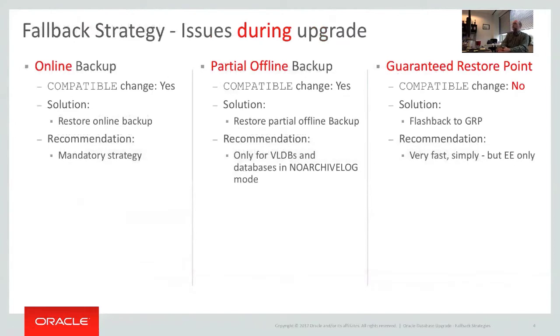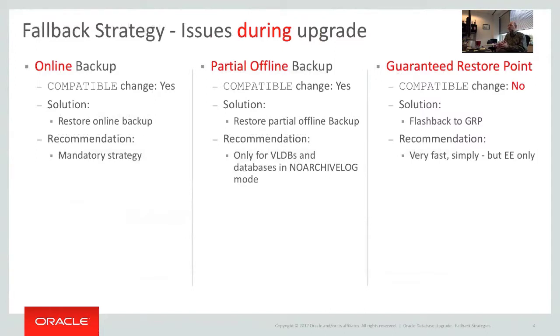Now, if you have an issue during the upgrade, we have really 3 fallback strategies available for you. There's the online backup, offline backup, or what we call a partial offline backup, and then the guaranteed restore point.